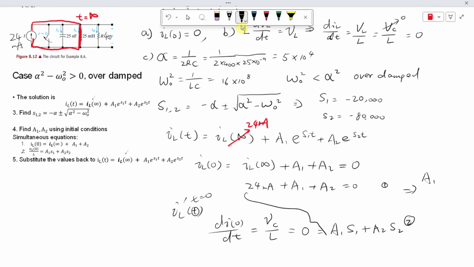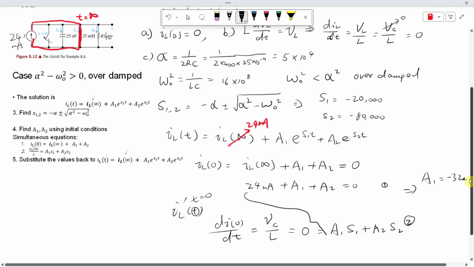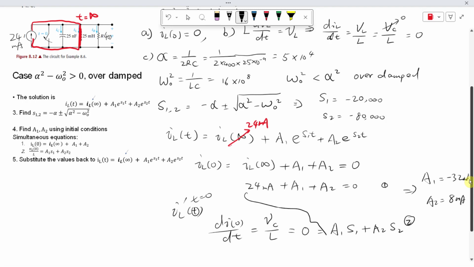A1 equals negative 32 milliamp and A2 equals 8 milliamp, and then you can just plug them in.